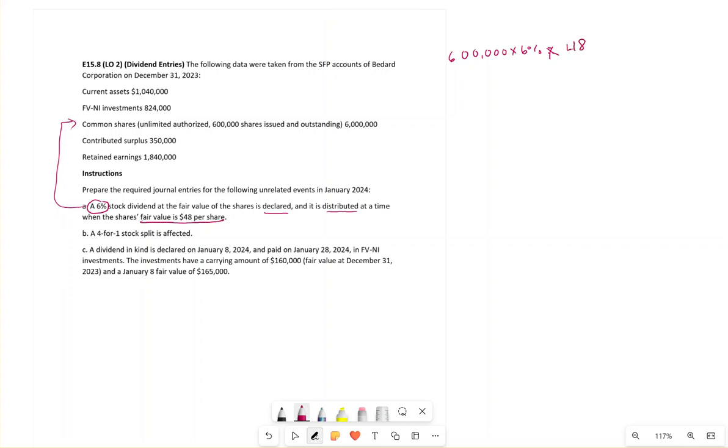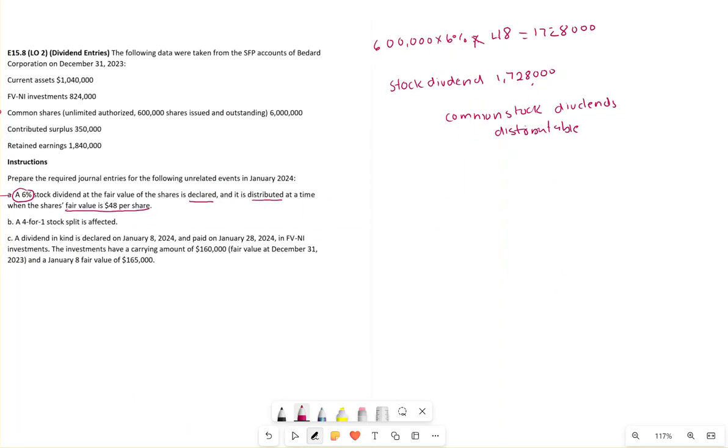So what we're going to do is debit stock dividend. This will give me 1,728,000. Then we're going to credit common stock dividends distributable, and that will be 1,728,000.